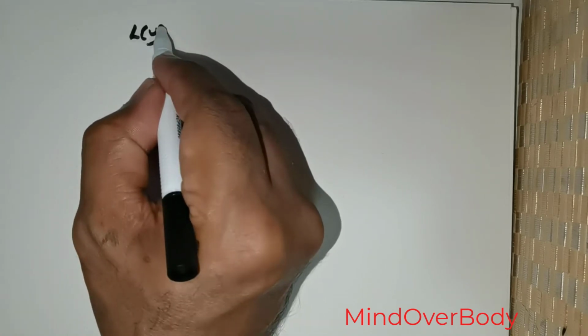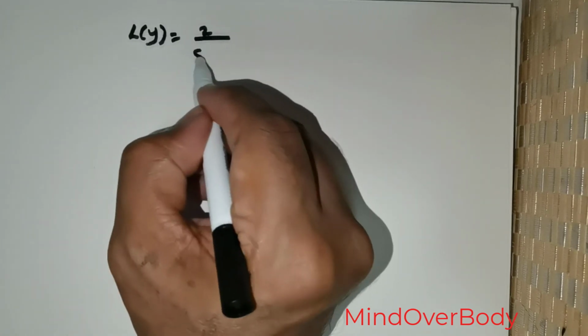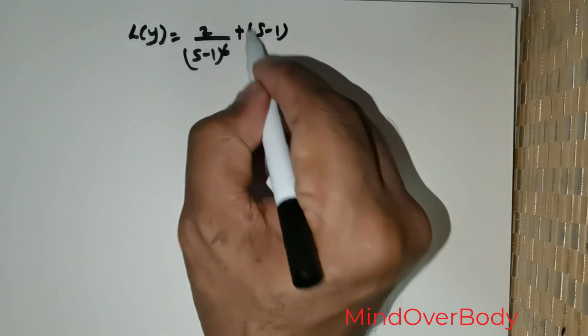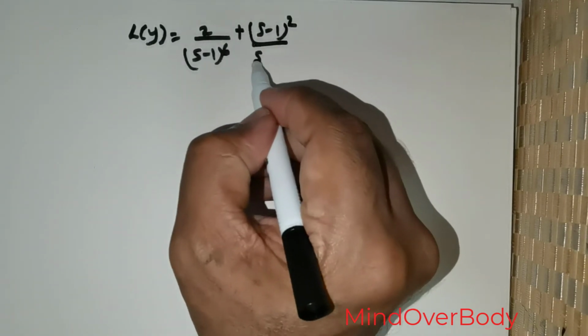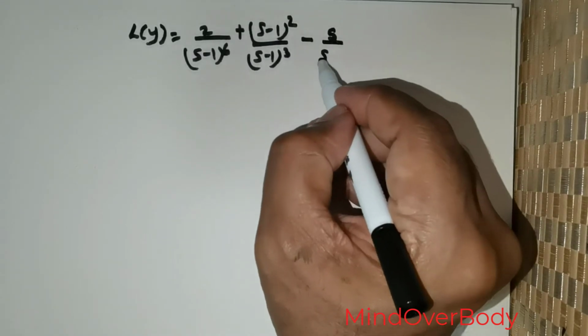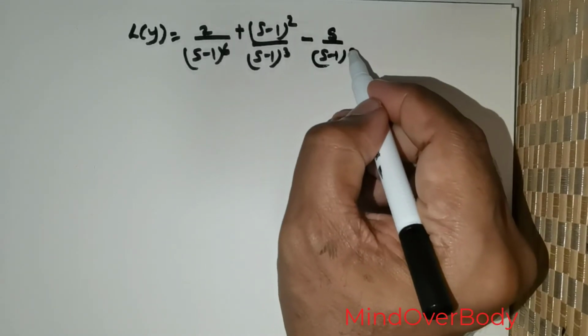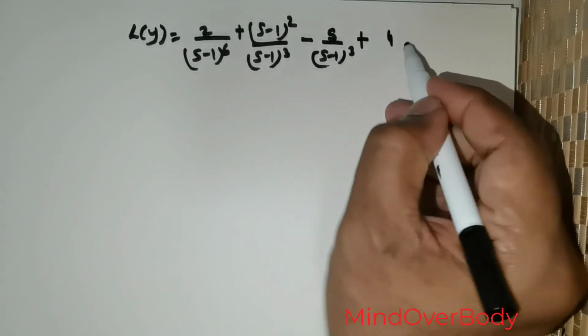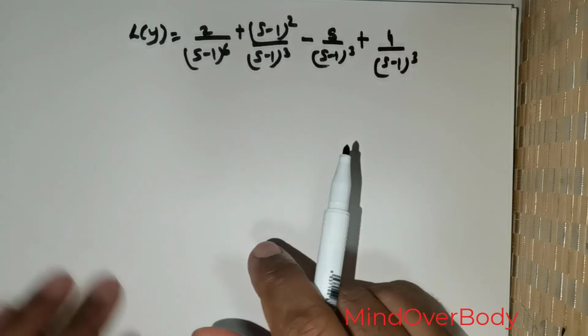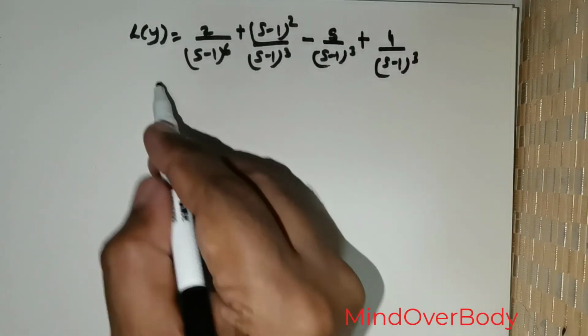So I get L of y equal to 2 over (s - 1)^6 plus (s - 1)² divided by (s - 1)^3 minus s divided by (s - 1)^3 plus 4 over (s - 1)^3. This is what I've got. So I'm going to rewrite this.